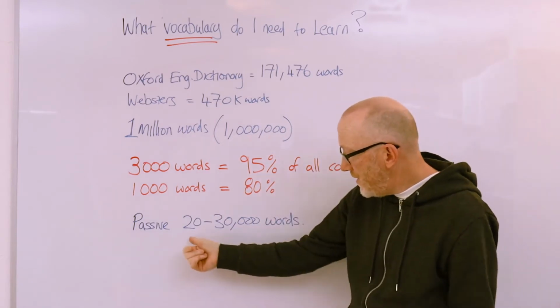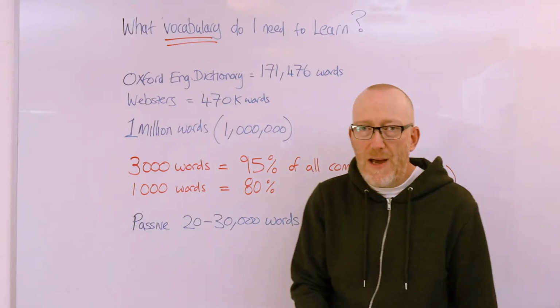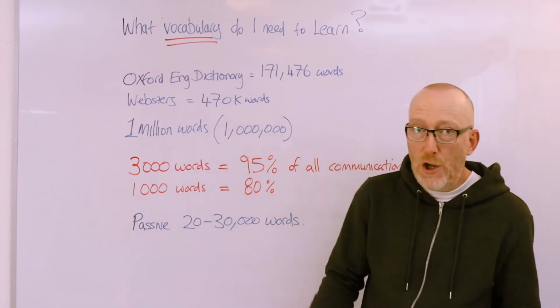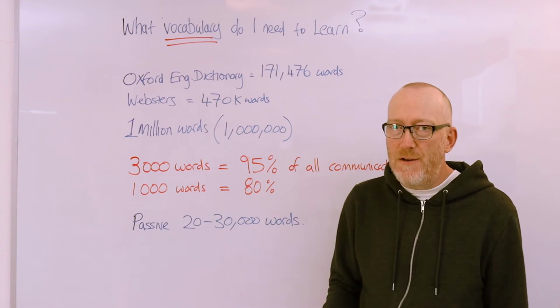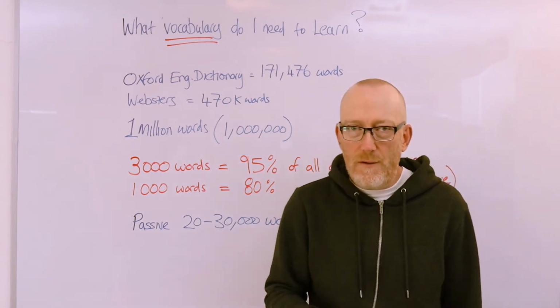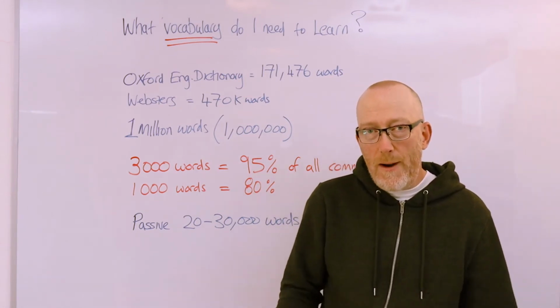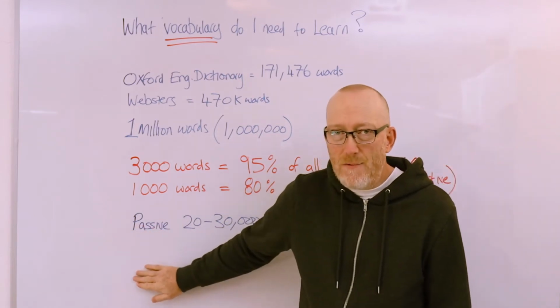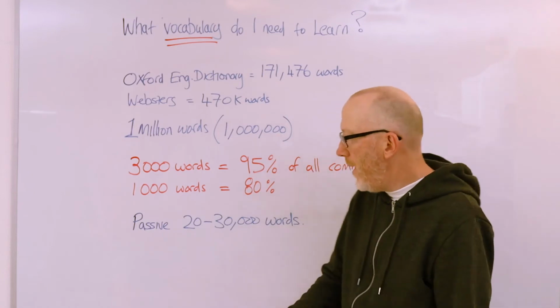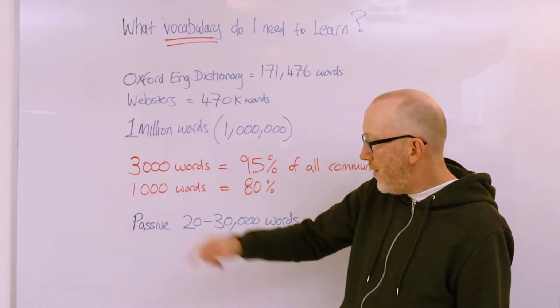Now, researchers suggest that the average adult human has somewhere between 20 and 30,000 passive words to call upon when required. We're not going to worry about passive right now. Forget about passive. We are going to worry about active vocabulary.